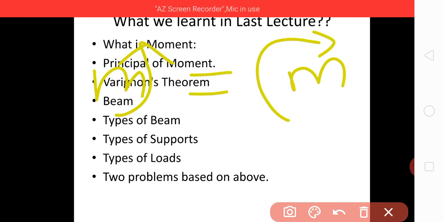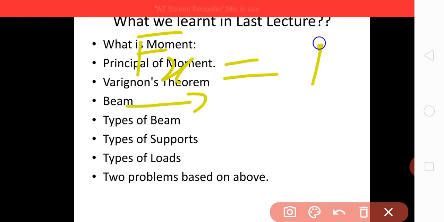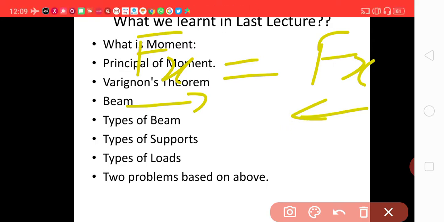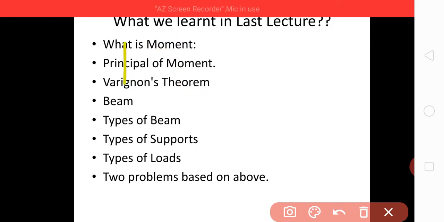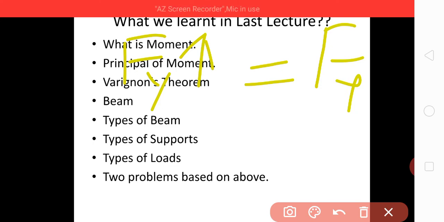Then if a body is in conditions of static equilibrium, then horizontal forces will balance each other, and the vertical forces will balance each other. It means summation Fx going this way will be equal to Fx going this way. Similarly, Fy going this way will be equal to Fy going this way.